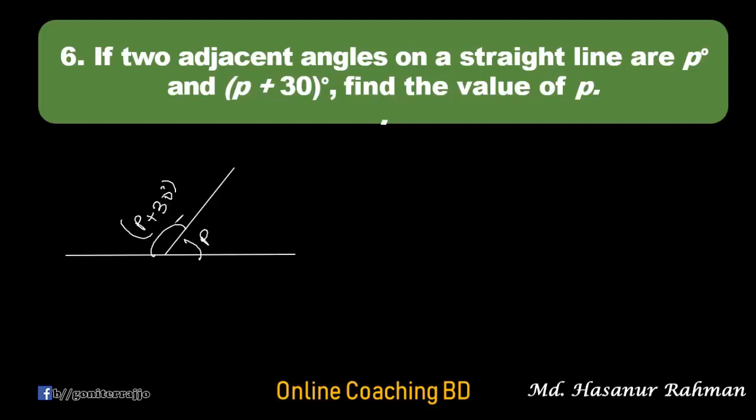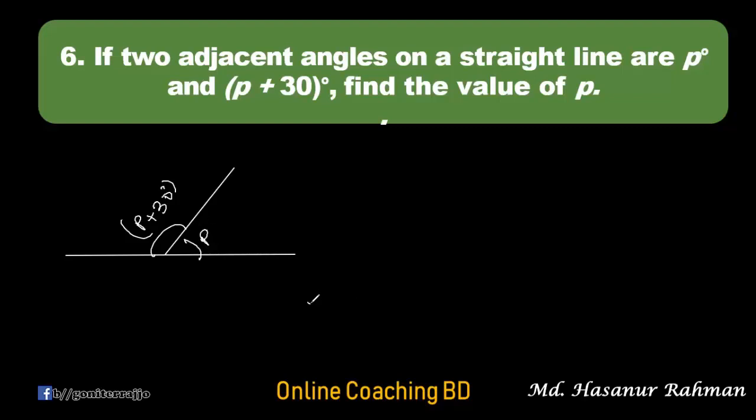And if the summation of these two angles is a straight angle, that means 180 degree, that means P plus 30 and P are supplementary to each other. That means P is supplementary to P plus 30, P plus 30 is supplementary to P.